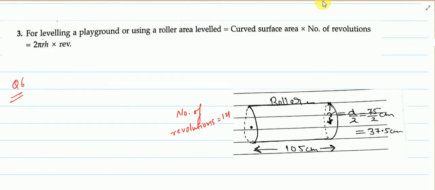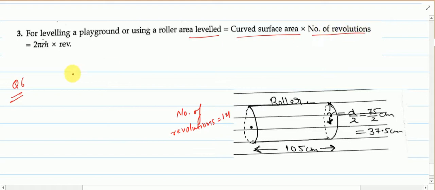Okay children, so in the previous class I had told you that you should write down this also, that for leveling a playground or using a roller, okay, area leveled will be equal to curved surface area into number of revolution.